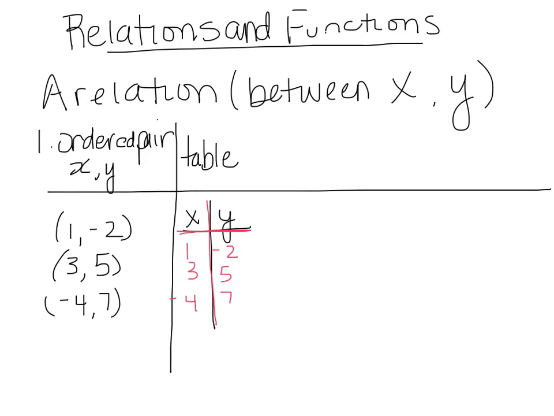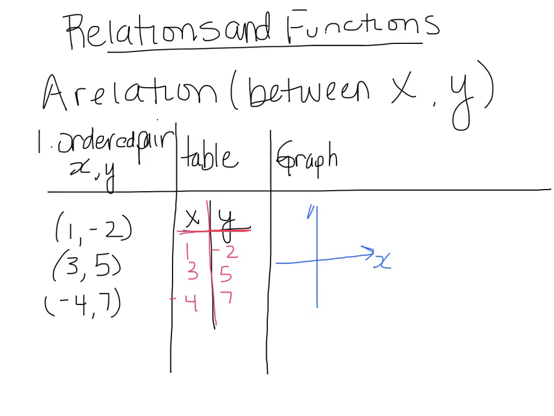So let's do another representation of a relation besides the table and the ordered pair. We can represent this relation with a graph. A graph would, of course, have 2 axes. Typically the horizontal axis is the x, the vertical axis is the y. We will label these with quadrants.